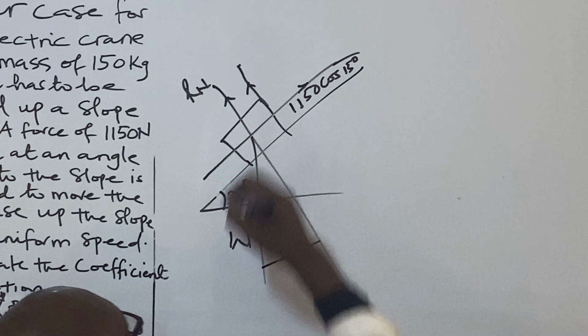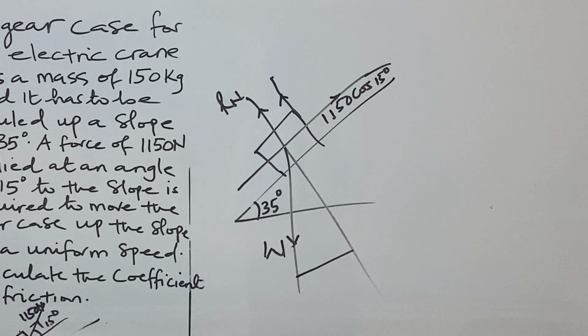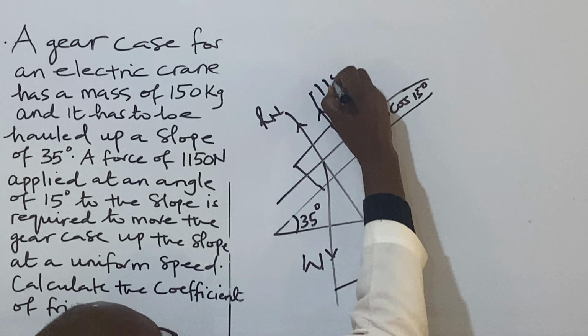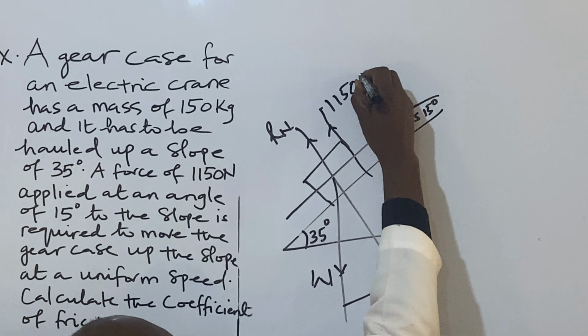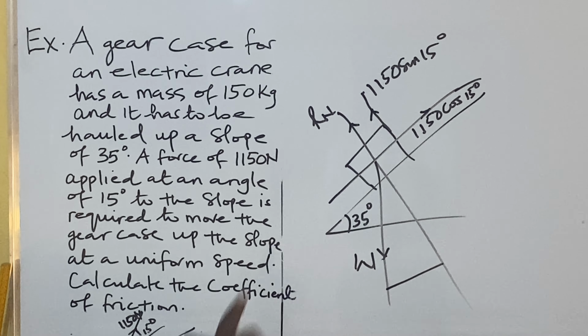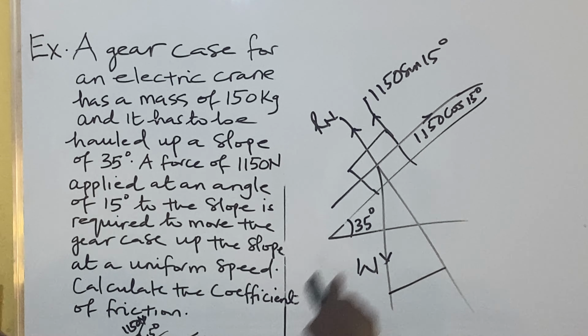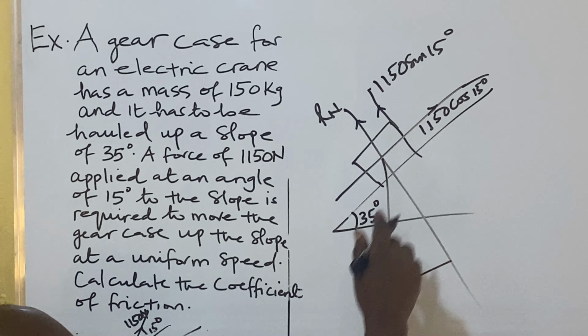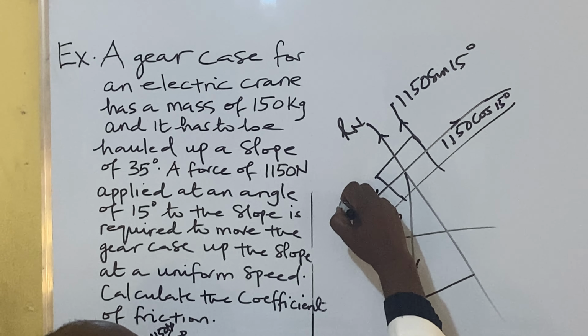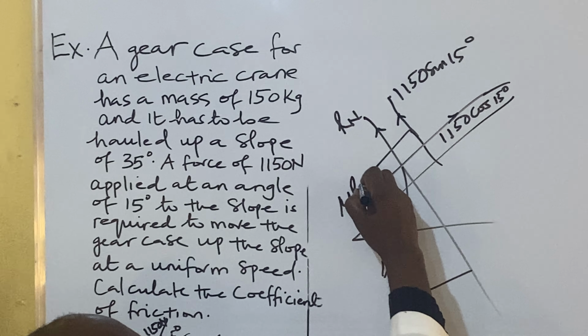Then we'll have the vertical force, 1150 sine 15 degrees. Normally, this force is trying to pull the gear case upwards, so the force of friction will act towards the left, which will be mu Rn.